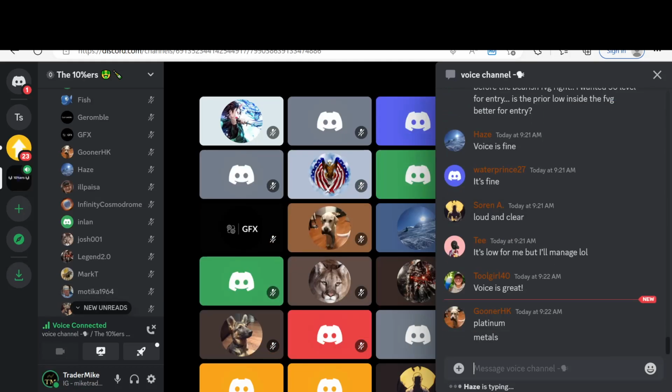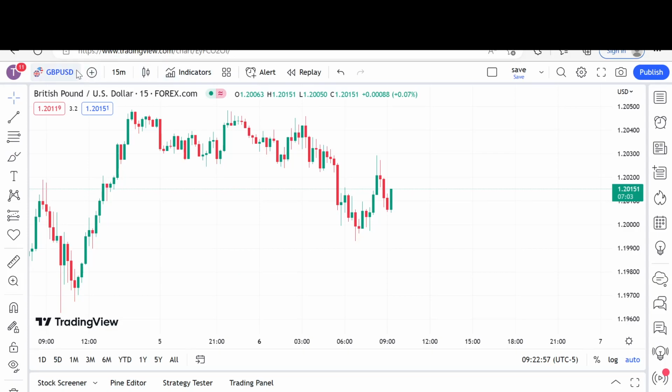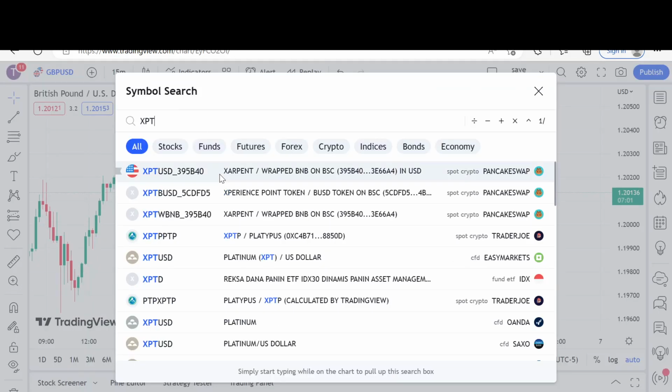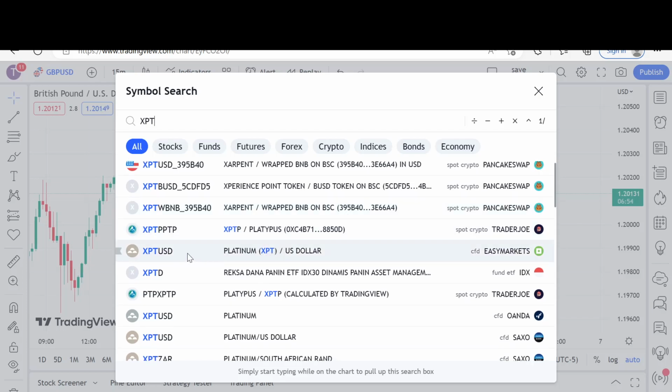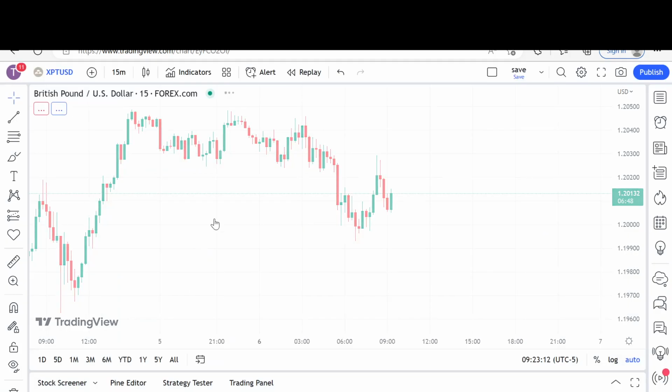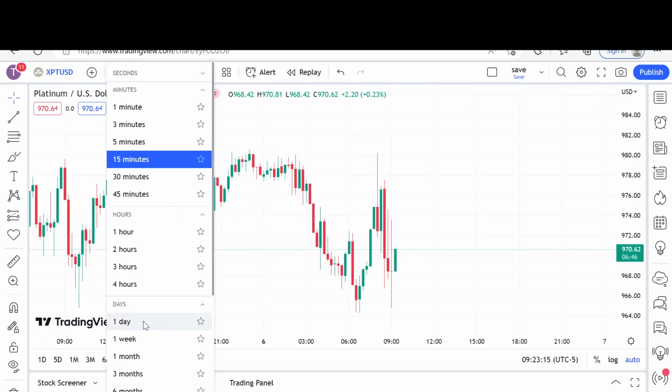Platinum metals. Let's see if I can find it here. XPT. Oh, I think I got you. CFDs. XBT USD. I think I got your chart.